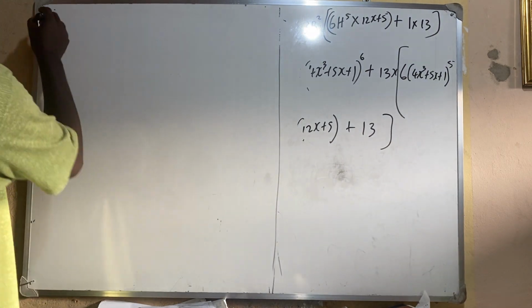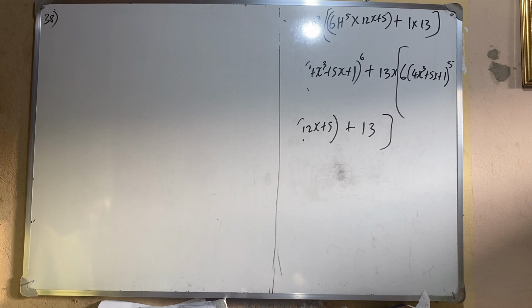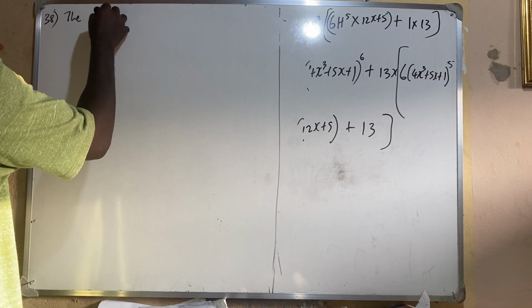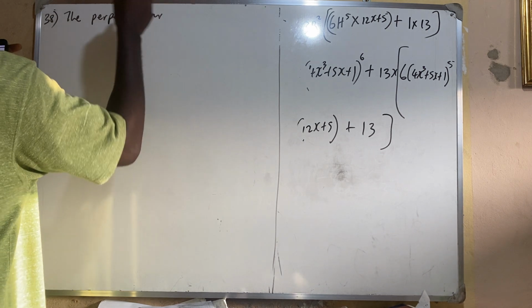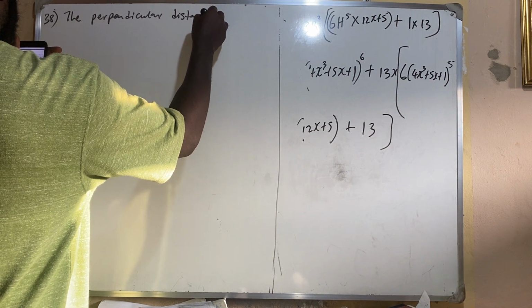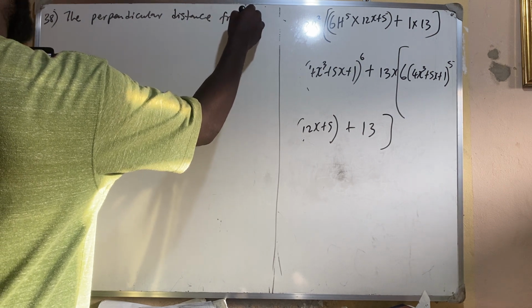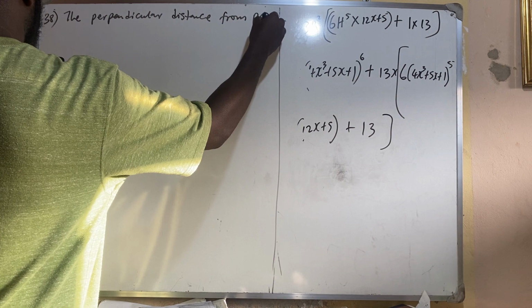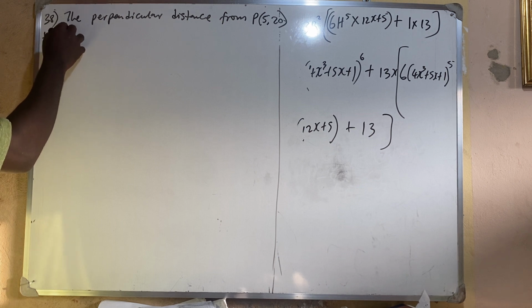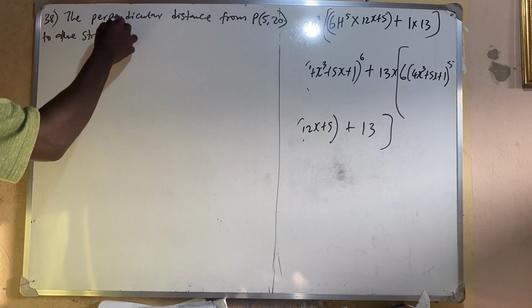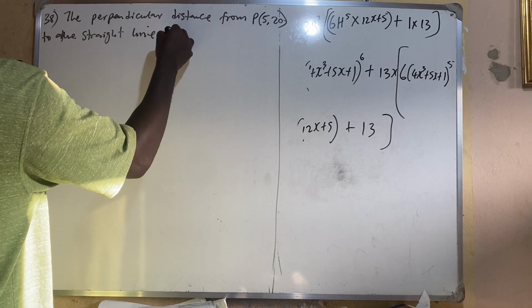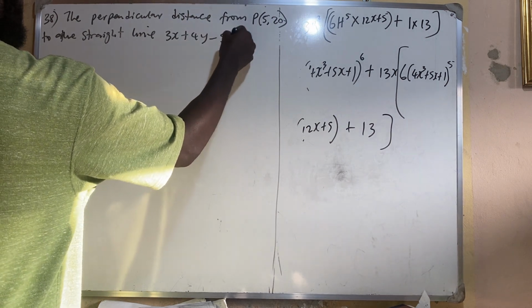Second to the last question, number 38, said the perpendicular distance from the point 5, 20 to the straight line 3x plus 4y minus 5 is equal to 0.